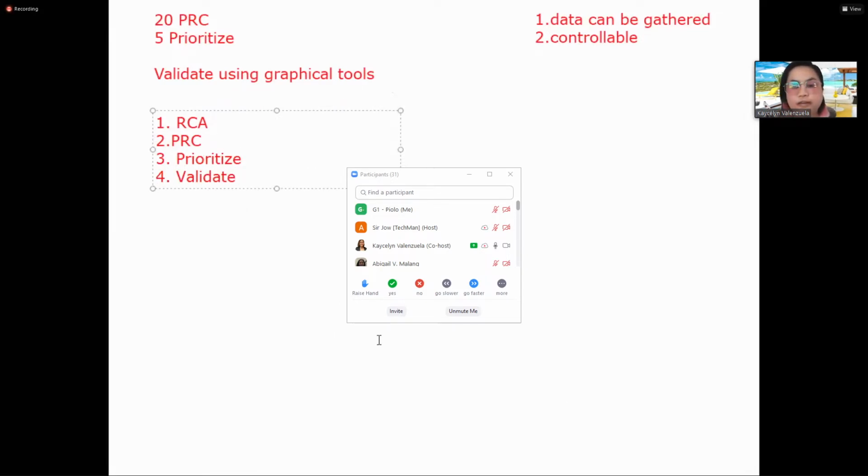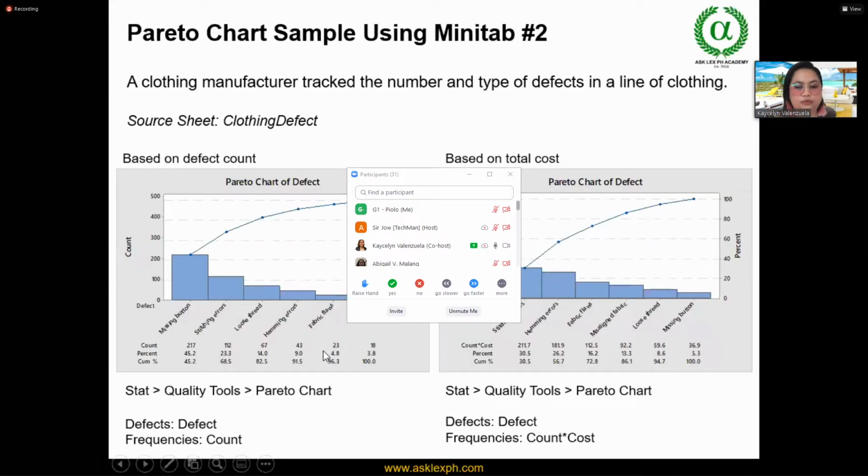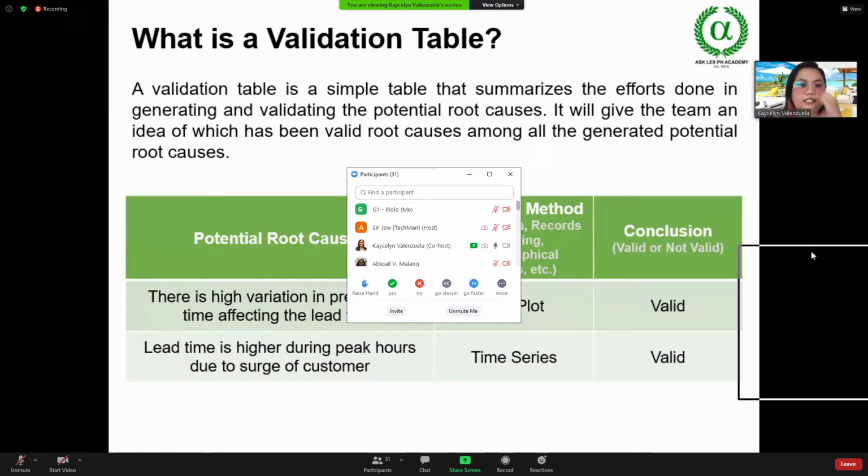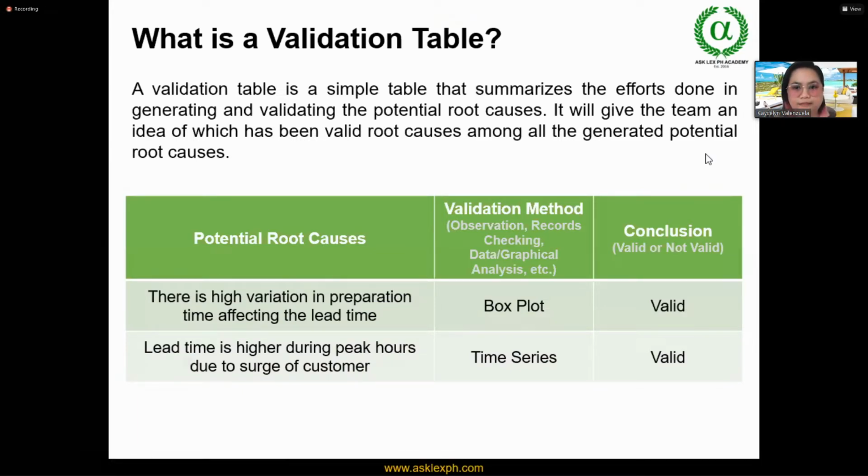So, validation table, anong itsura niya? Naibigay na ba sa inyo how a validation table looks like? Or hindi pa? So, if hindi pa, let me show you. This is what a validation table looks like. Ayan.